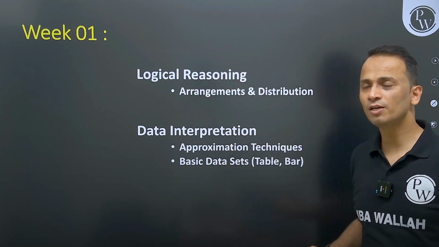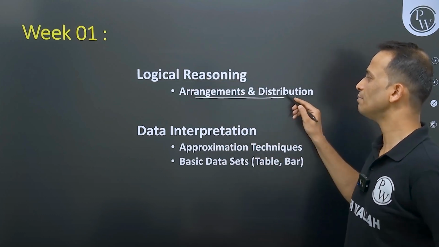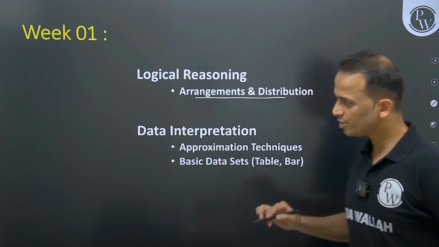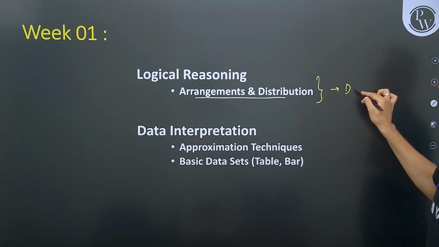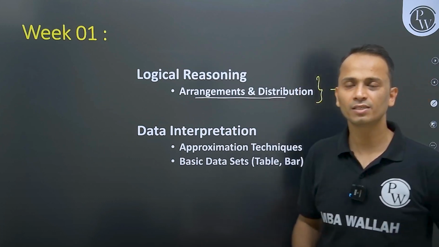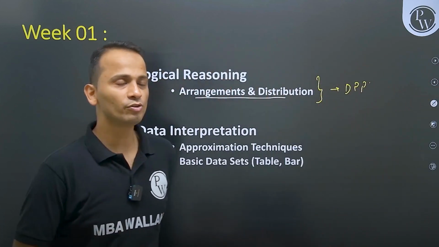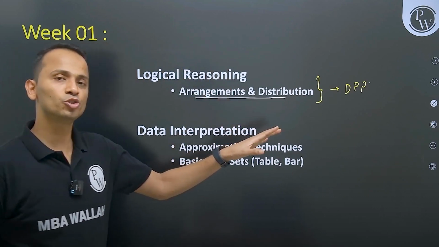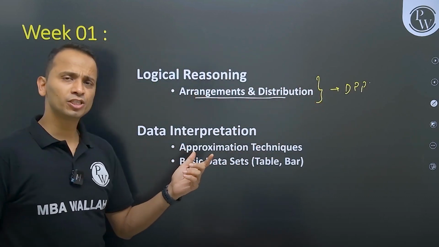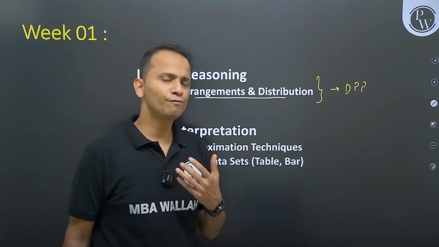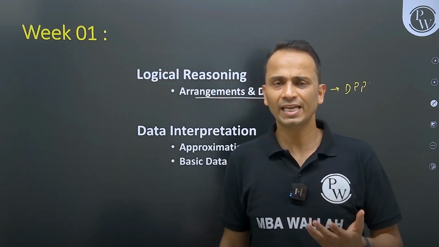So starting with logical reasoning, you can devote some time on arrangements and distributions, understanding the basics of this and finishing up the DPP of this, right? Okay, so the first topic that you need to start is arrangements and distributions when it comes to logical reasoning. Now in data interpretation, you can devote 4 to 5 hours on any day, right?